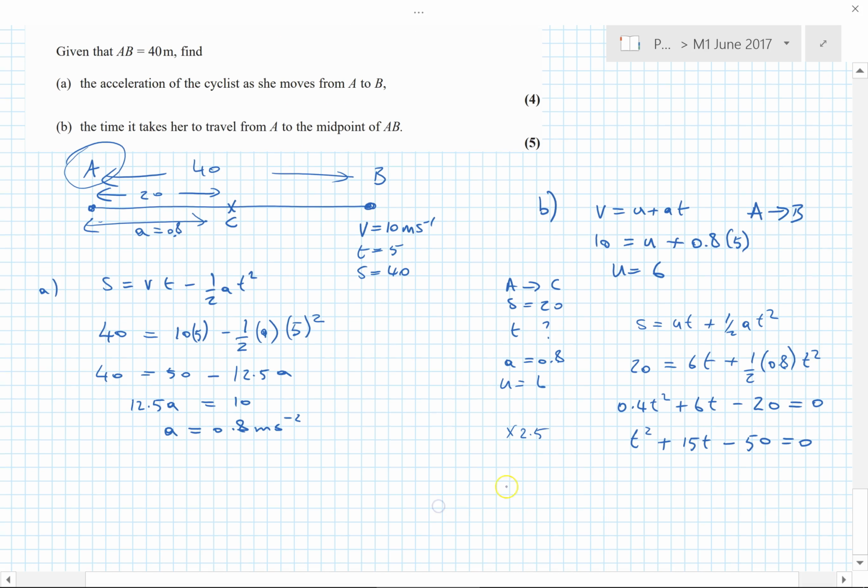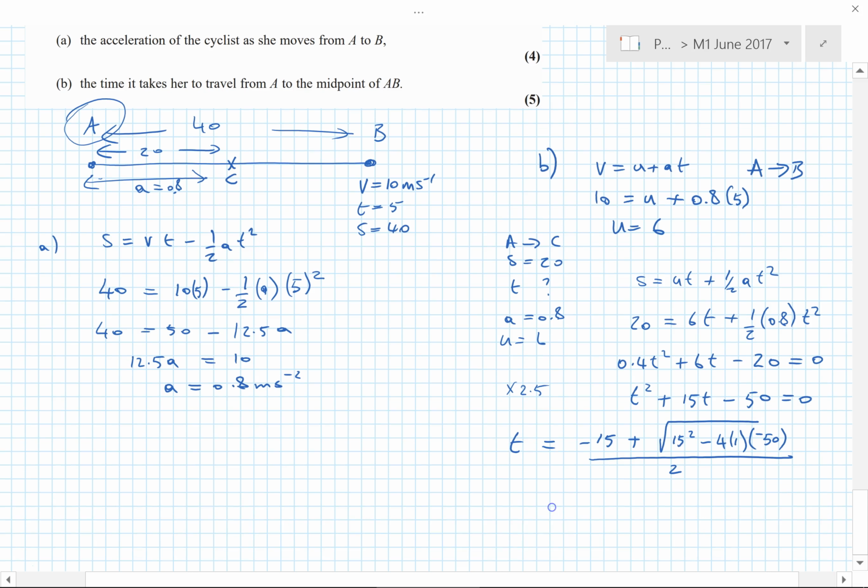So we can then say t is equal to minus 15 plus, we don't need to consider the negative one here because that will give us a negative time, the square root of 15 squared minus 4 times 1 times minus 50, all over 2.